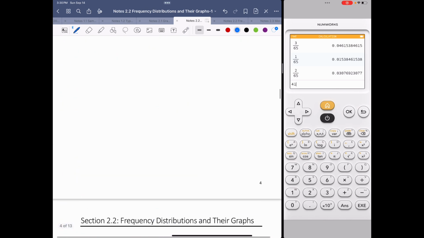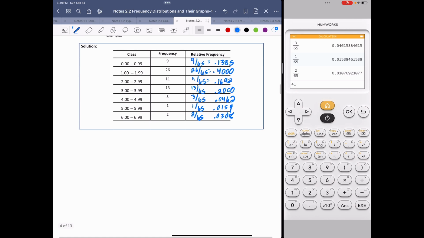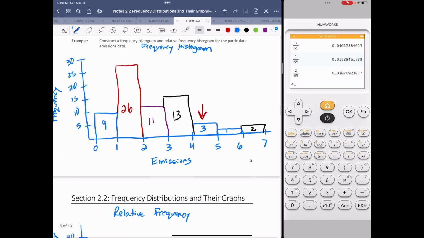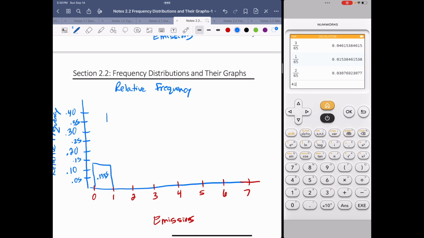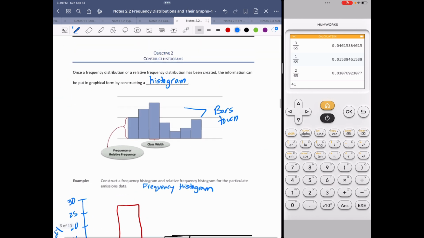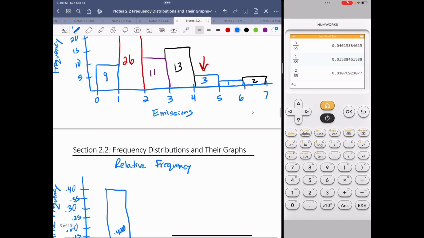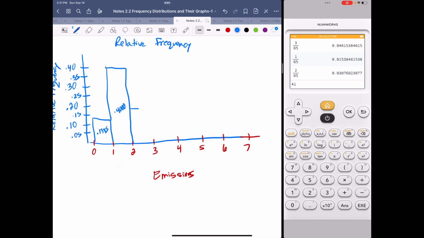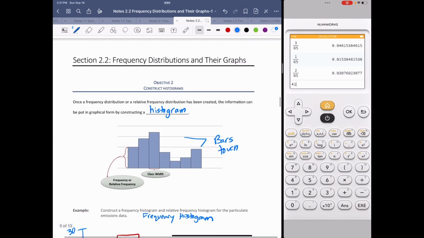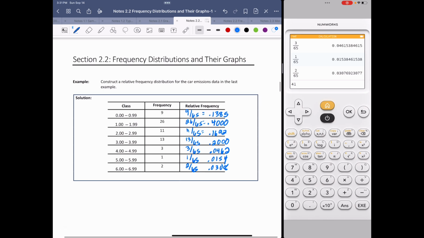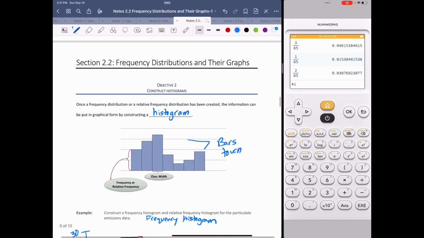The second one, from 1 to less than 2, is going to have a frequency of 0.4. 2 to less than 3 is about 0.17, 0.1692. 3 to less than 4 is going to be 0.2.